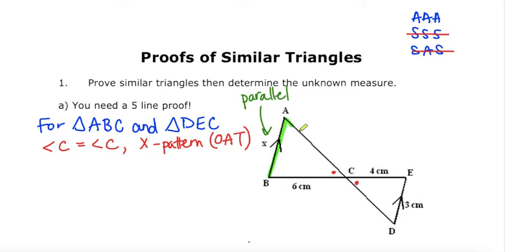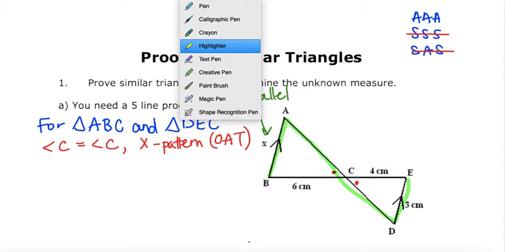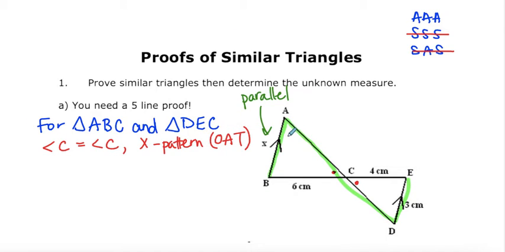and we draw a Z right here, then this tells us that the angles in the corners of the Z are exactly the same. So angle A is now going to be the same as angle D, and that's because of the Z pattern.